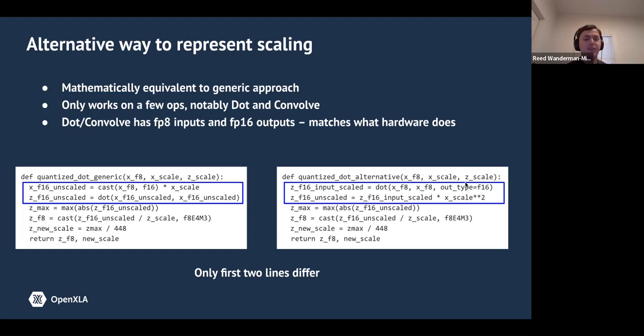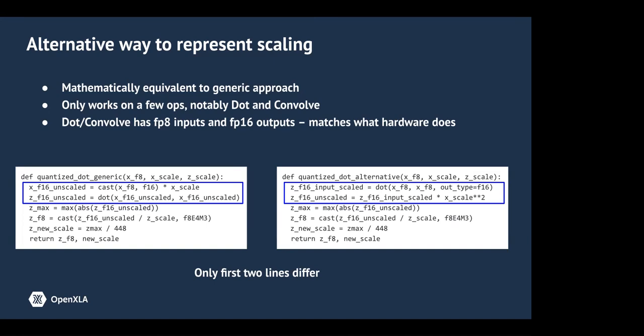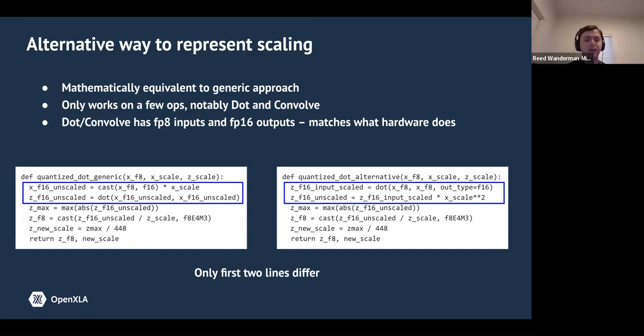It typically has some hardware unit that takes int8 inputs, does a matmul, and the output is either int16 or int32. So this will make it easier to emit code on backends, because instead of having to do this pattern matching, you just see you have a dot with FP8 inputs and FP16 outputs, and you just directly emit code for that. No pattern matching needed.